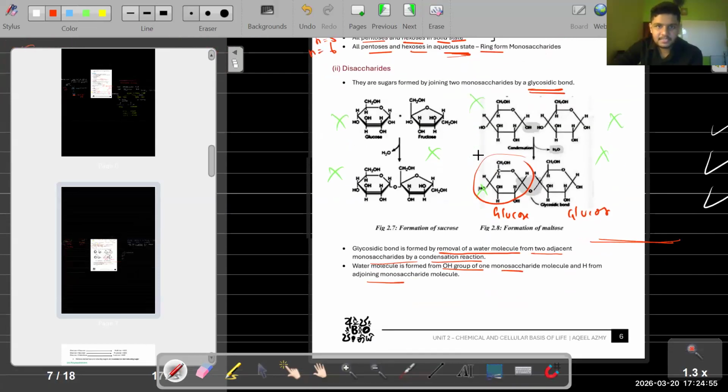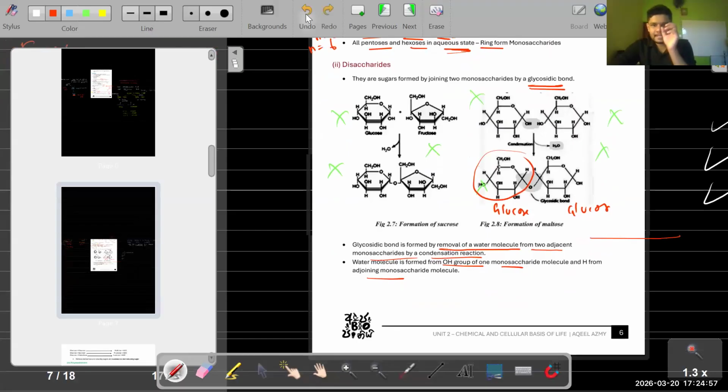As this is the first class, I explained it. With practice, you will get used to it. Right? Now this is a glucose molecule, this is a glucose molecule. These glucose molecules will be reacting.